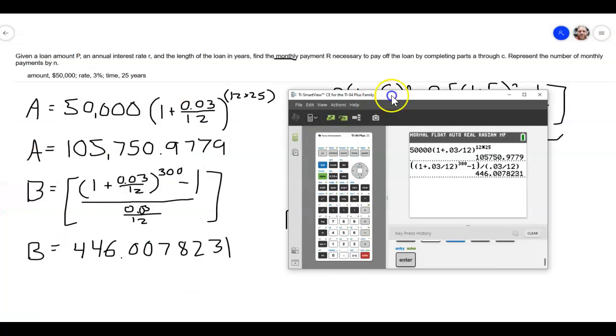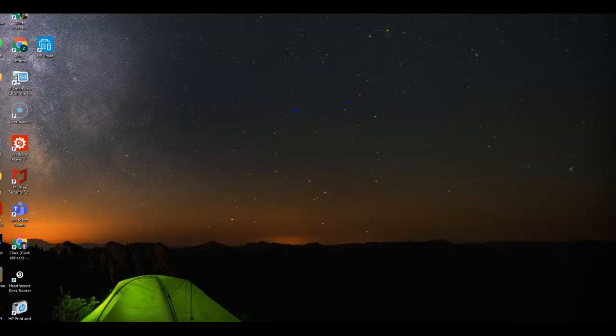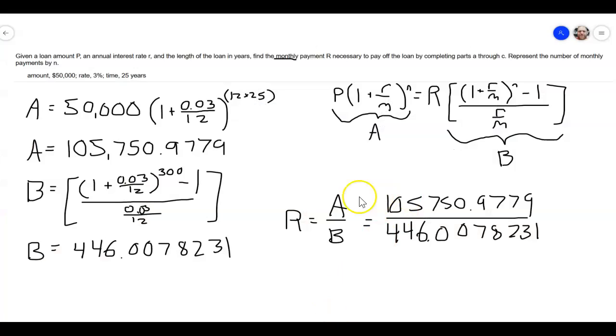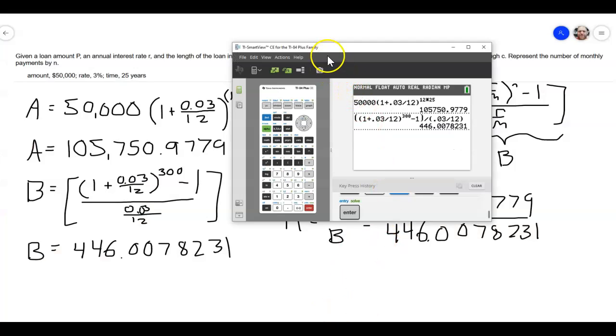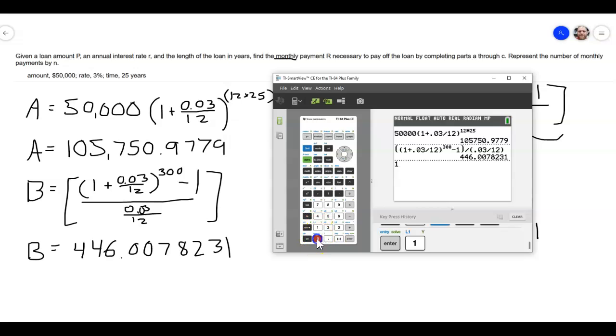And let's see what we get. I forgot to put the decimal point in there on both of those, didn't I?